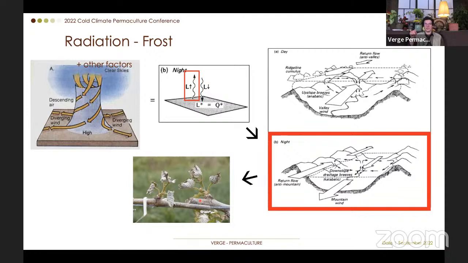And remember that temperature is actually a metric of the speed at which molecules are moving, not necessarily how hot something is. That is a direct result of movement. And so when things are cold, they're not moving very much. And so those physical things that are sticking out like buds in spring, when they are exposed to this very cold air, they're radiating and it'll be much colder. And that's what leads to a frost.